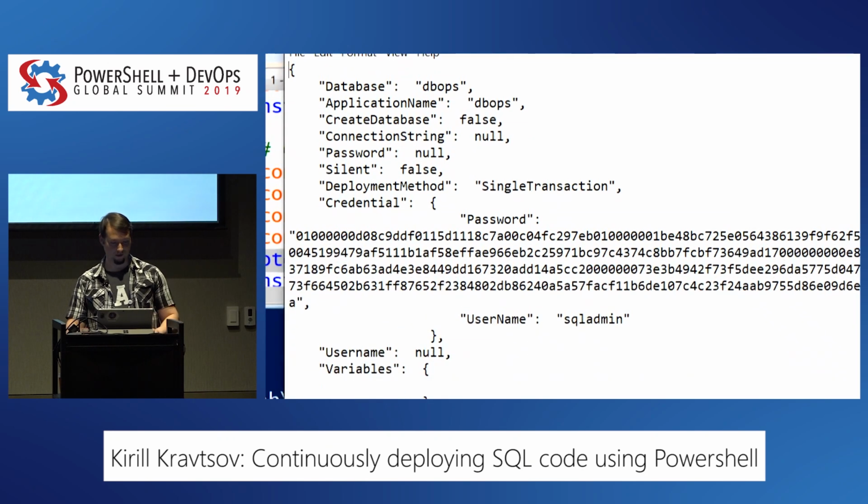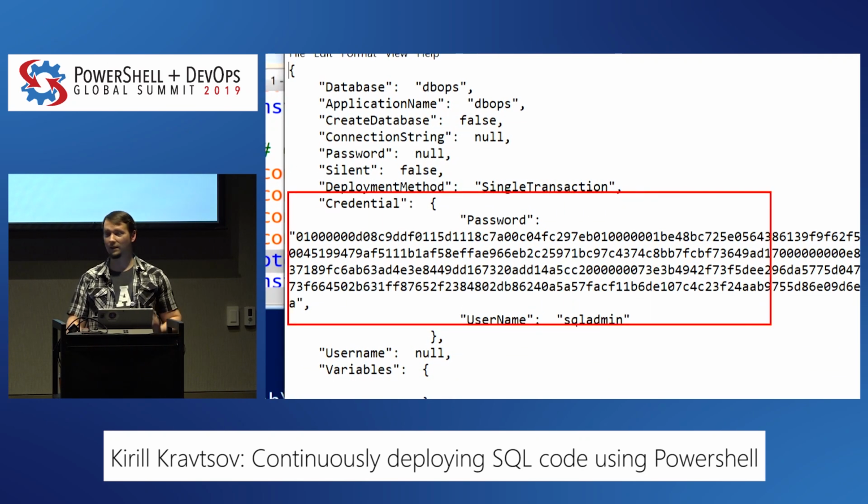And interesting thing here is the credential. You can see it's a little bit encrypted, and that's how the PowerShell credentials work. You can actually encrypt them into the base, I think it's base 64. Maybe not. Anyways, the best thing about it is it's only going to work for the user who made the encryption.